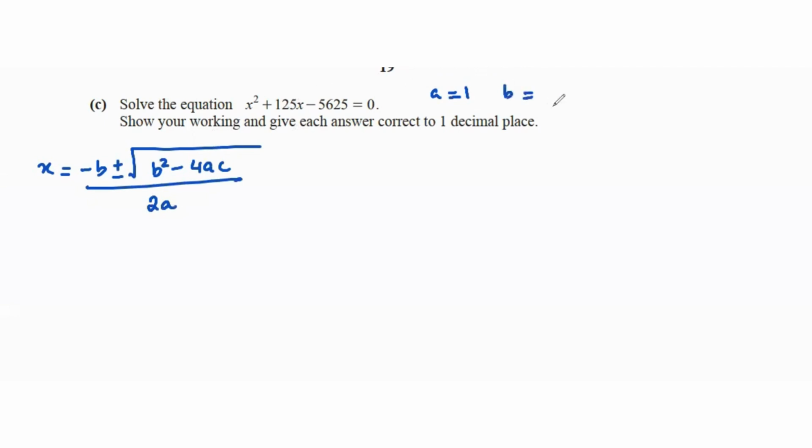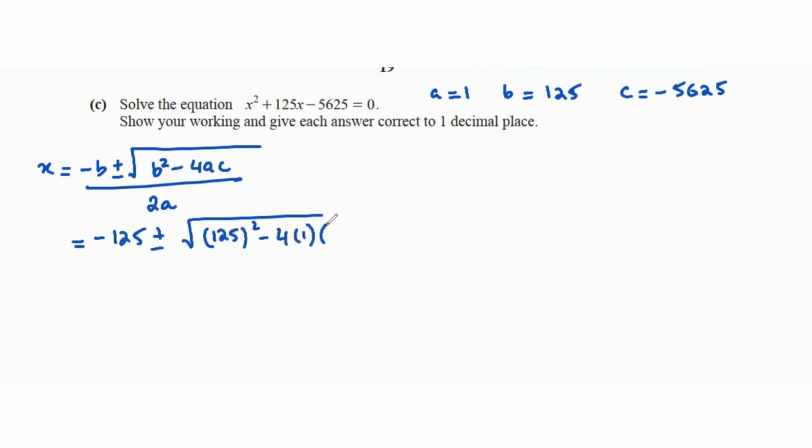B is the coefficient of x, which is 125. And C is your constant, which is negative 5,625. Let's substitute these. Negative 125 plus or minus the square root of 125 squared minus 4 times 1 times negative 5,625, divided by 2 times 1.